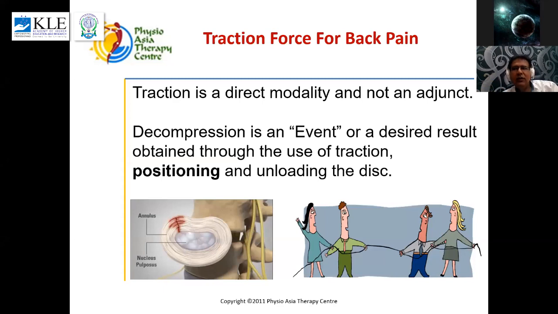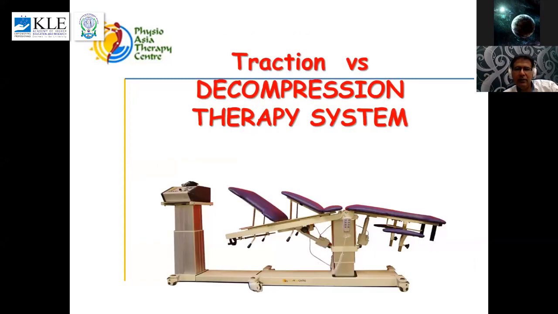Other modalities are working as an adjunct. They're working on the process of inflammation and healing. Traction is a force that is applied to the spine that is creating the desired result through the positioning of the patient. That's very important. So what is critical is how we apply the force to the spine.